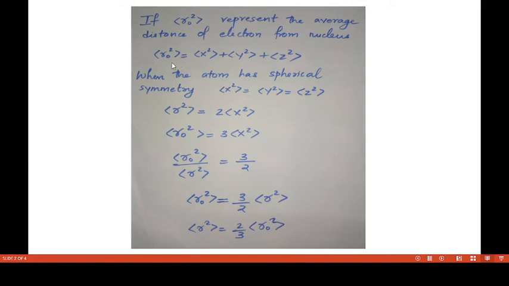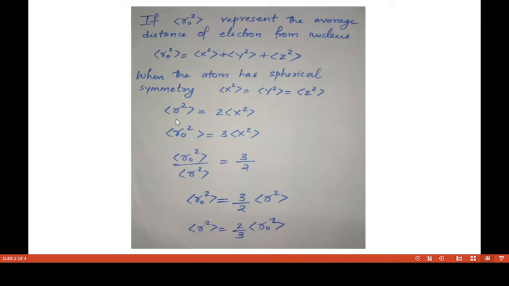Now this is a three-dimensional space that the electron occupies, so average of r naught square can be written as average of x square plus average of y square plus average of z square. Now if the atom is spherically symmetrical, then average of x square equals average of y square equals average of z square.